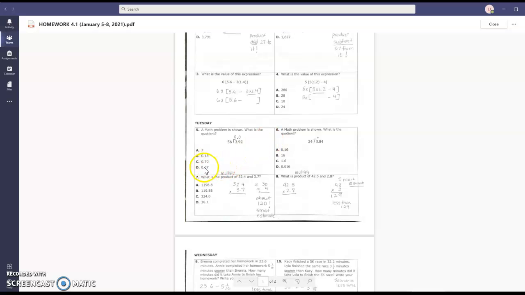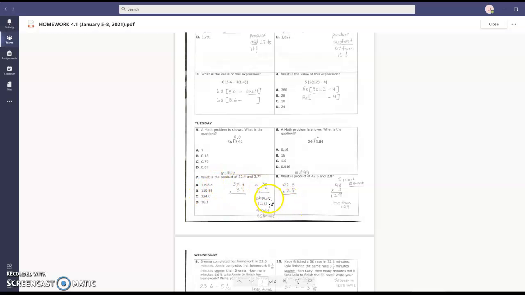And the only one with 0.0 something is that answer, right? In this case, if you pretend that this is a whole number, 38 is greater than 24. So it would be 0 and something, right?